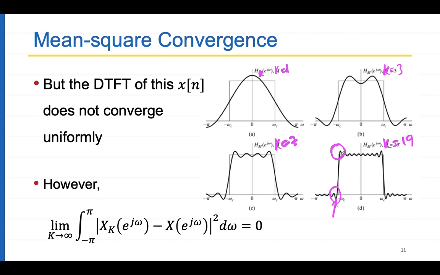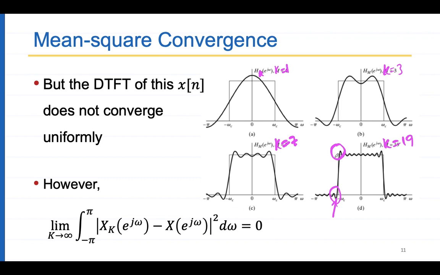But in the mean square sense, what does that mean? The energy in these erroneous regions will converge to 0. So the limit of the sum of the squared difference of X_K minus X over omega from minus pi to pi goes to 0.